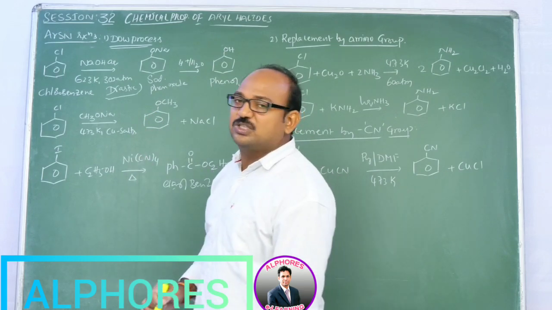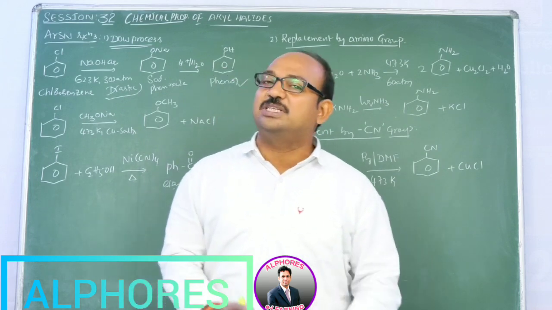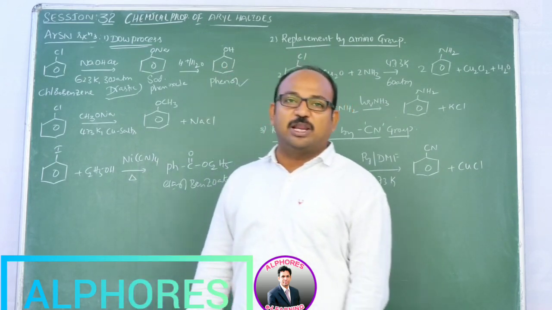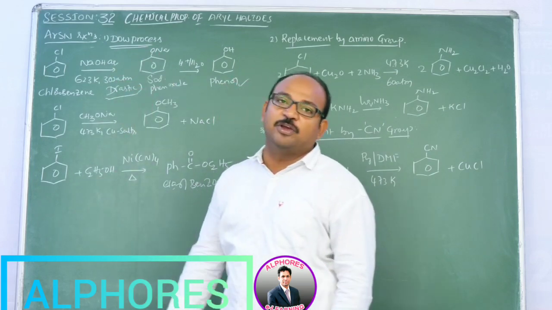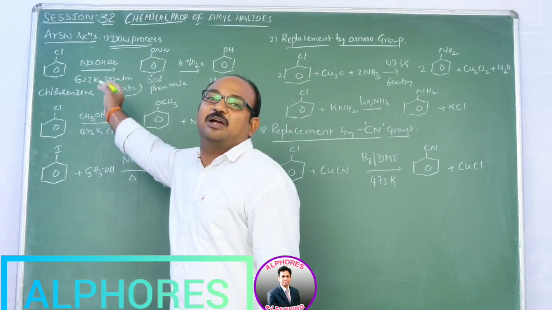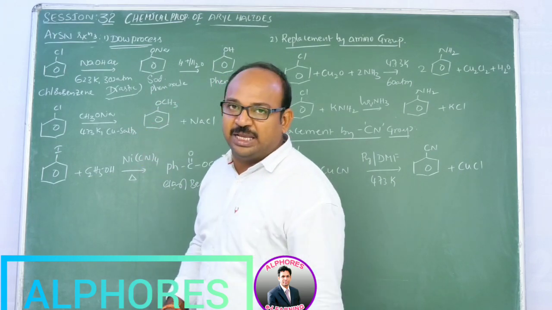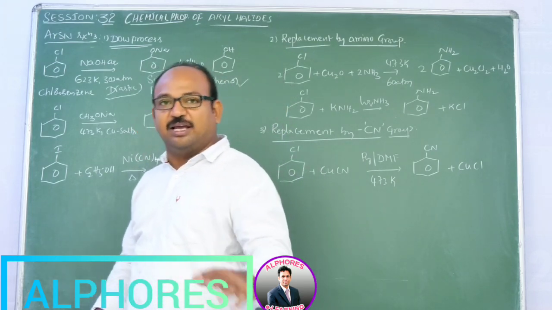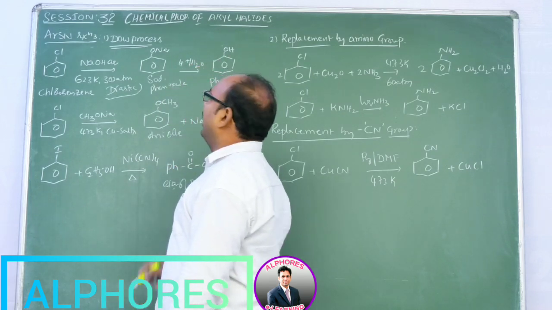And copper salts, preferably cuprous salts, containing copper in the plus 1 oxidation state, we are using. They help a lot in the removal of the leaving group, and further promote the attack of the nucleophile. So we are getting methoxybenzene or methyl phenyl ether, also called anisole.